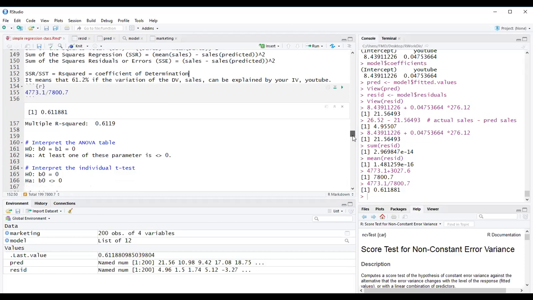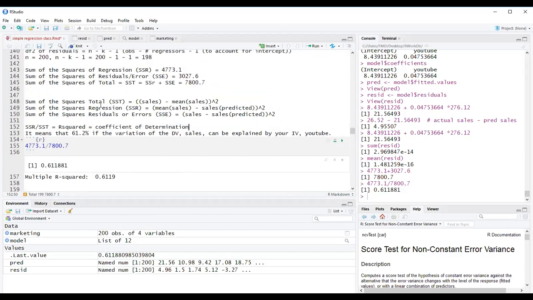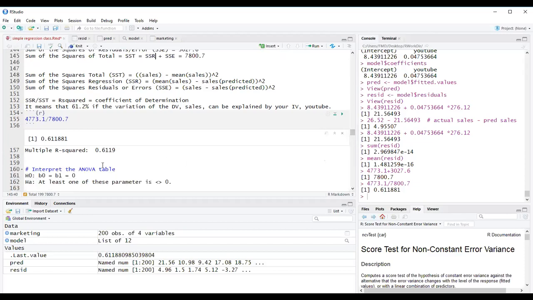Alright? Okay, so importante sa atin guys, intindihan natin itong SSR, SSE, and SST. Sum of the squares of your total, sum of the squares of your regression, and sum of the squares of your error terms. The higher the ratio is, the better. So it means guys that, ano implication nun?